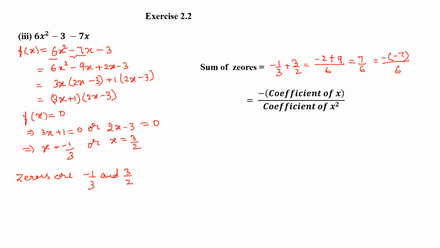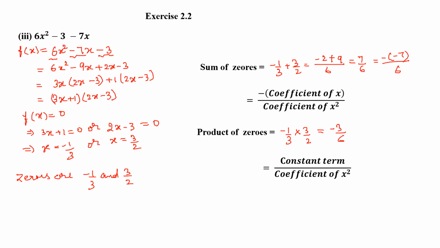So it verifies the relation: sum of the zeros equals minus coefficient of x by coefficient of x square. Next, the product of zeros. So let's multiply minus 1 by 3 into 3 by 2, which will give me minus 3 by 6. And minus 3, if you see here, is the constant term and 6 is the coefficient of x square. Isn't it? So we have verified the relation of the sum of the zeros and the product of the zeros.